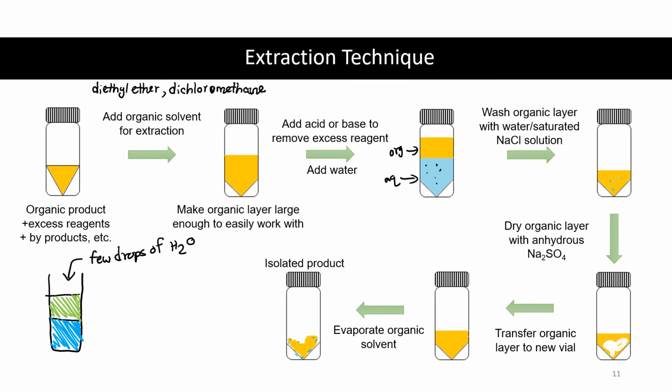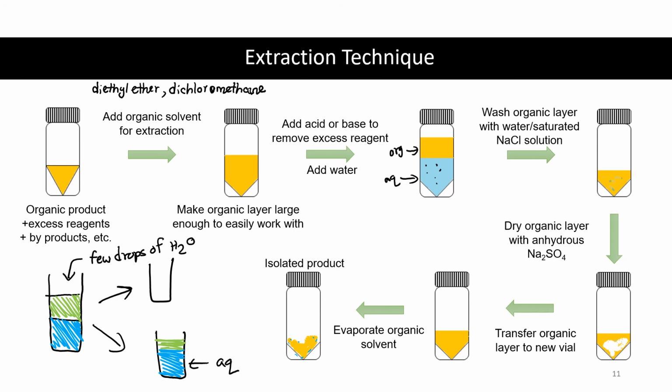So the water will definitely mix with the aqueous layer. So you will see one of the two options, right? You could either see the bottom layer grew in size, then that would mean the bottom layer is the aqueous layer.